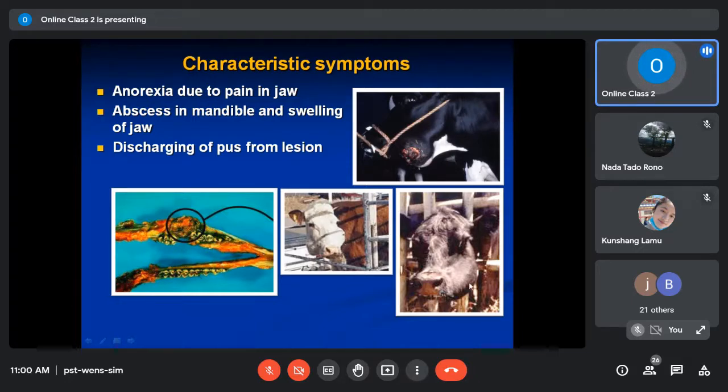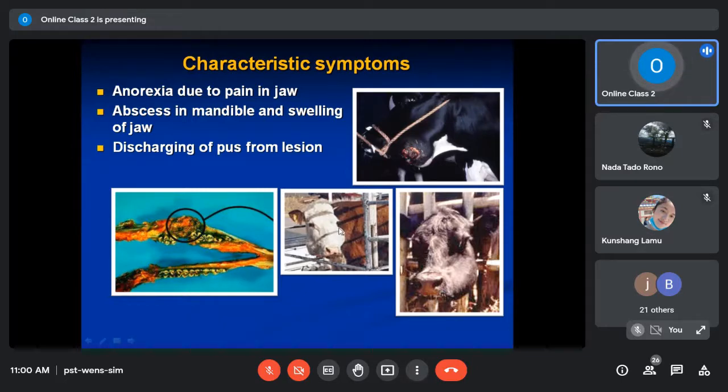Externally, the jaw and mandible area may be very much enlarged, and sometimes pus comes out through the overlying skin, and some nodular growths are there on the mandible as well as the jaw.